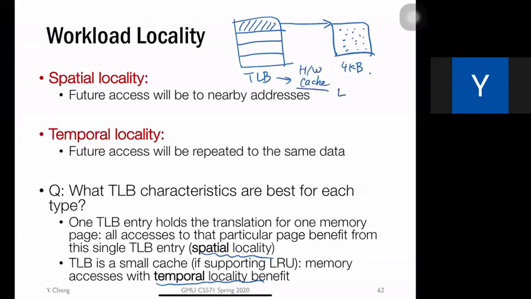It uses LRU, for example, to decide which one to kick out, to basically kick out the least useful, the least recently used entries. Okay, it's a small cache. So these are the workload locality types and how they correlate with TLB characteristics.